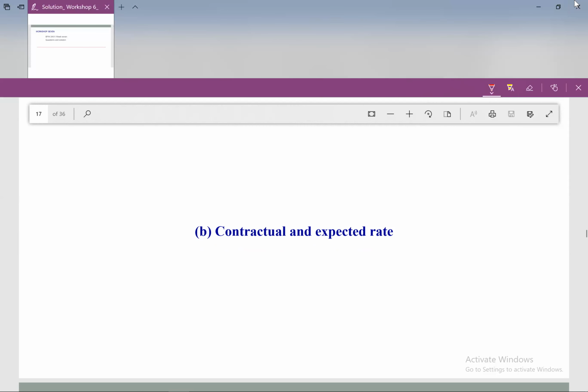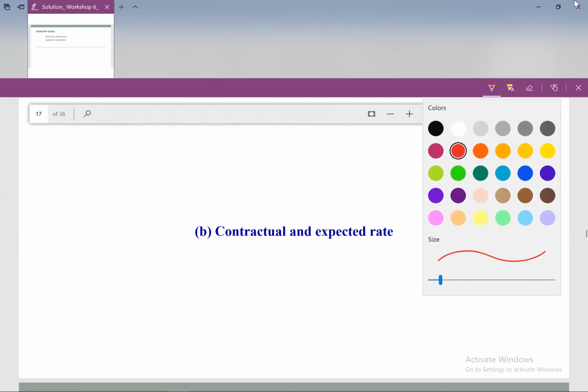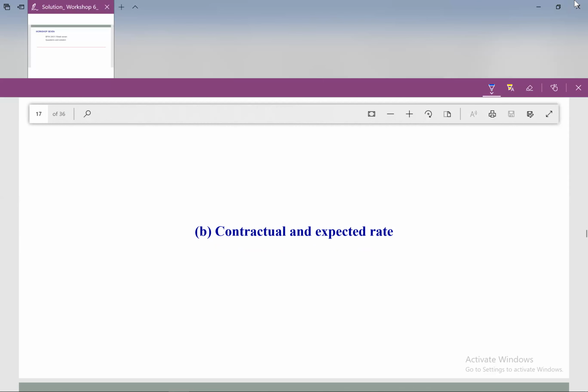One is the contractual: 1 plus K equals 1 plus fees plus basic rate, and this has to be divided by 1 minus the compensation balance, 1 minus R. This is the contractual. Now we will get the K.